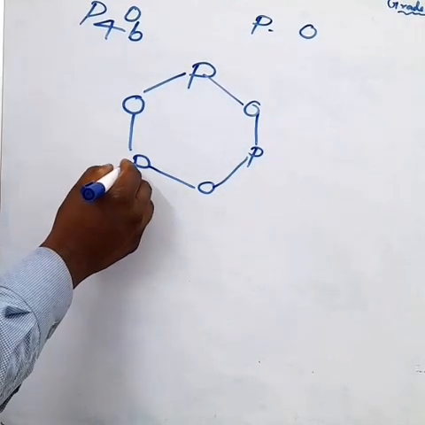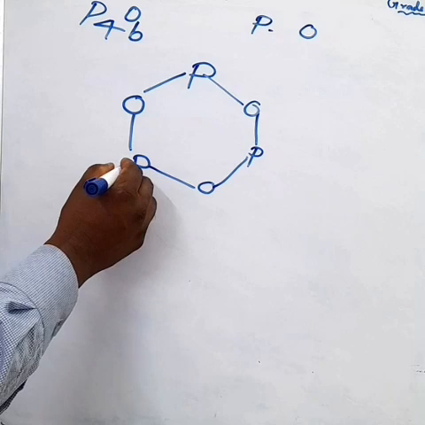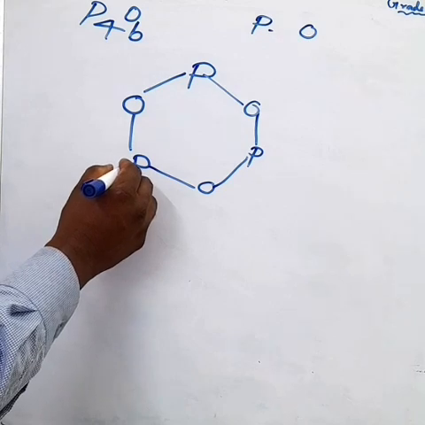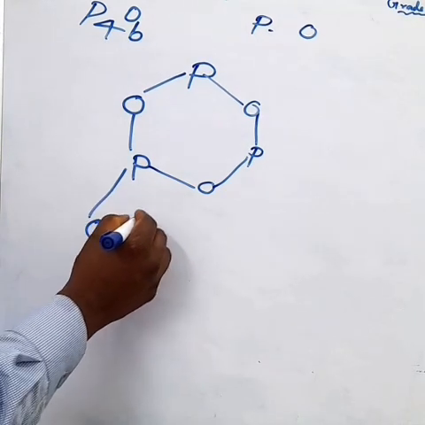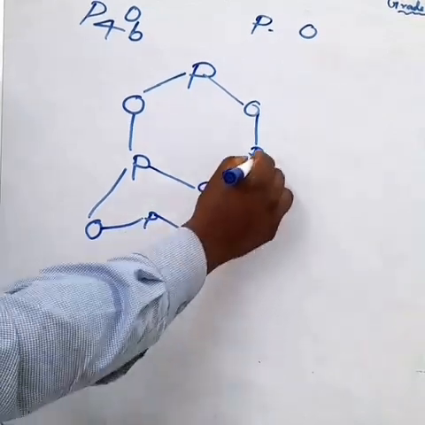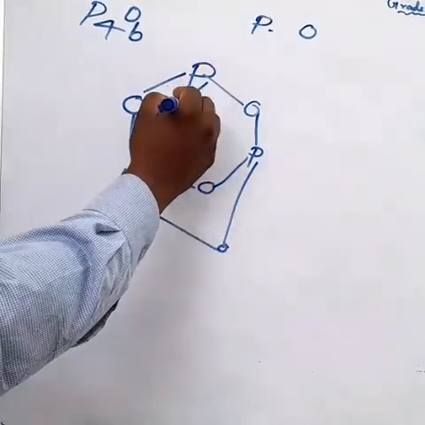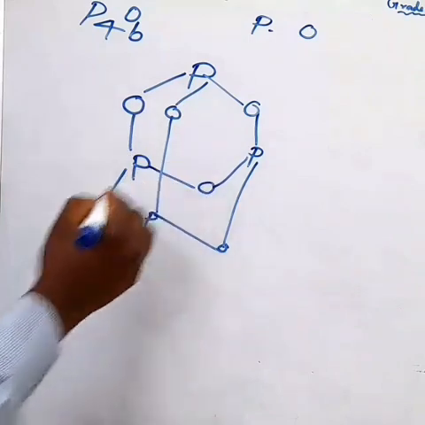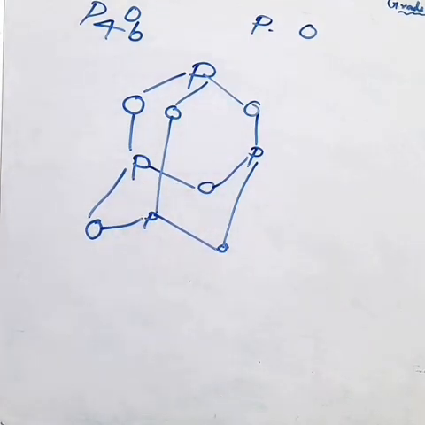Next, from the phosphorus, oxygen, phosphorus, oxygen, join there. Then above, phosphorus, oxygen, phosphorus. This is the structure of P4O6.